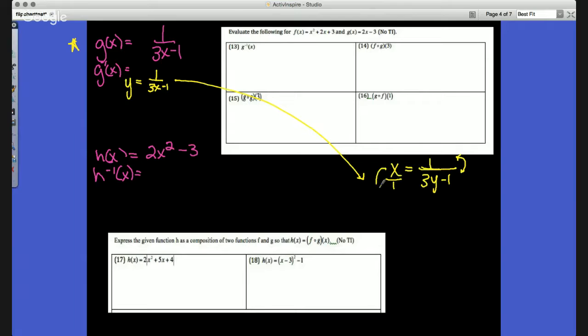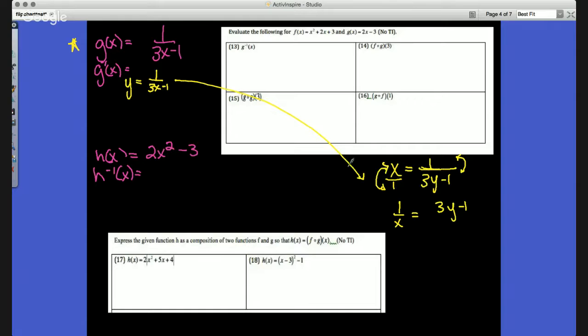But if I were to flip it, I've also got to flip x and 1. So I'd like to flip this to where now it's 1 over x equals 3y minus 1 over 1. And obviously we could keep that as is.